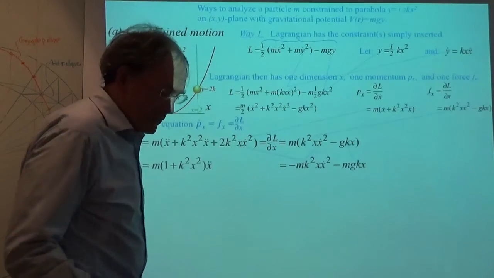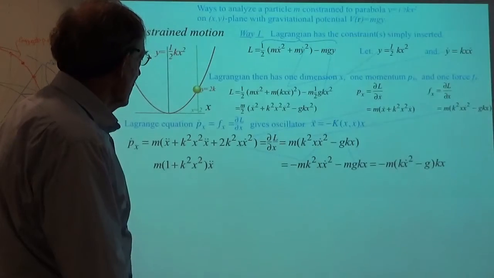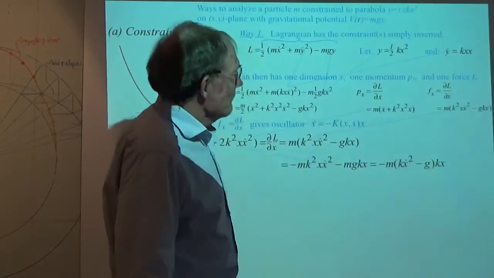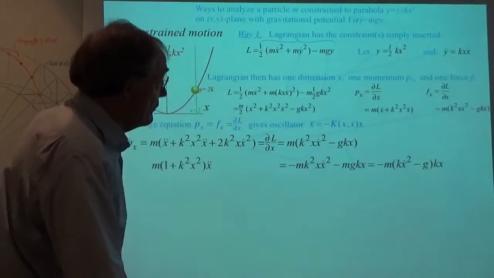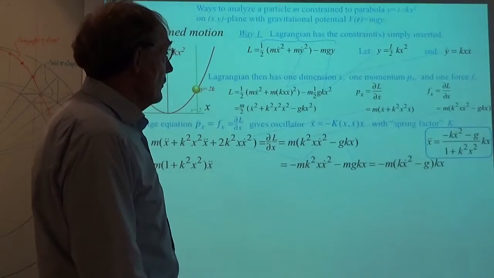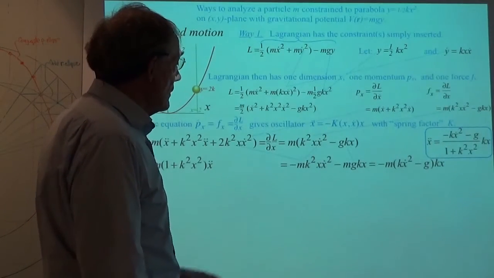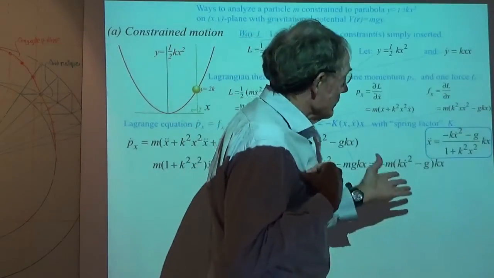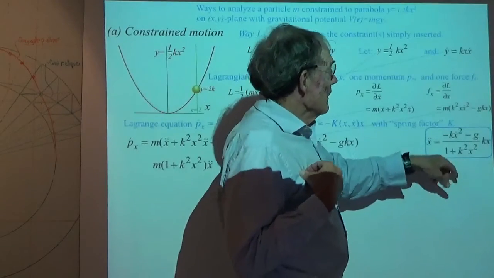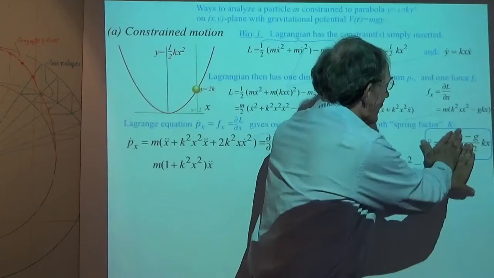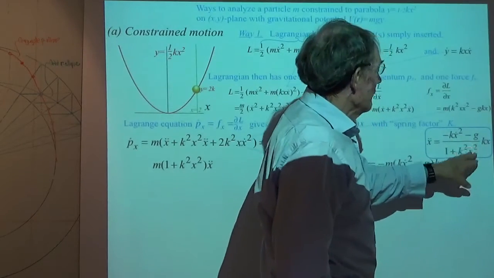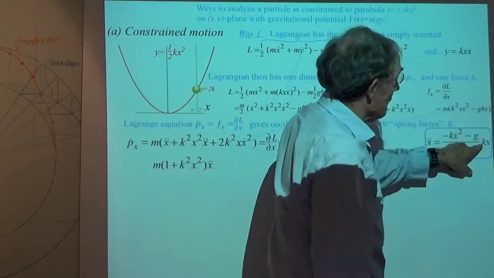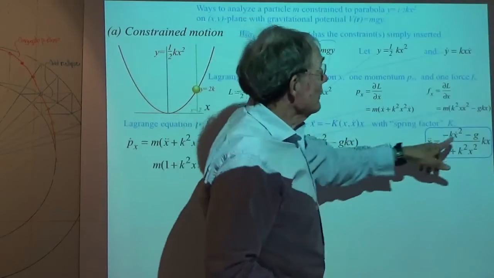Anyway, we can work this down to basically an oscillator equation with a force constant that's not constant. So this is the final result for getting the equation of motion, with the double derivative, the acceleration, equal to, if I didn't have this stuff and this stuff right here, gravity times the curvature of the parabola that's making a constraint times x.